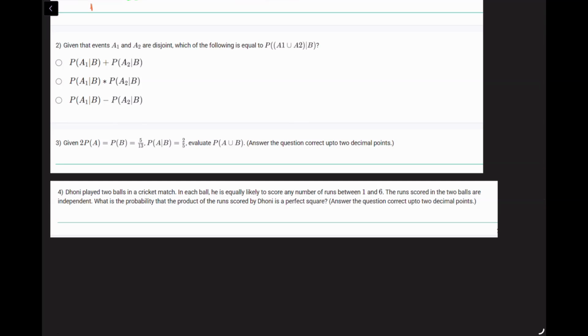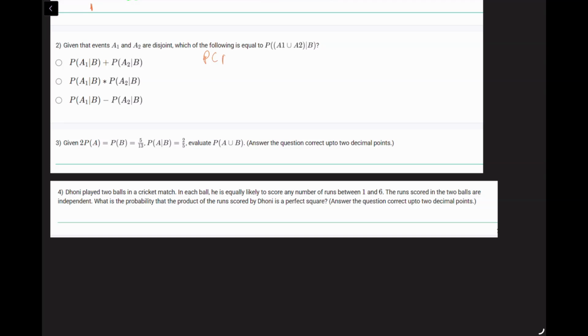Given that events A1 and A2 are disjoint, which of the following is equal to P(A1 union A2 given B has already occurred)? Let's use the formula first.